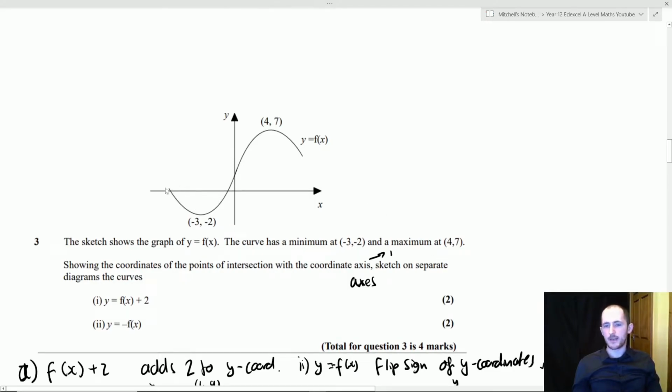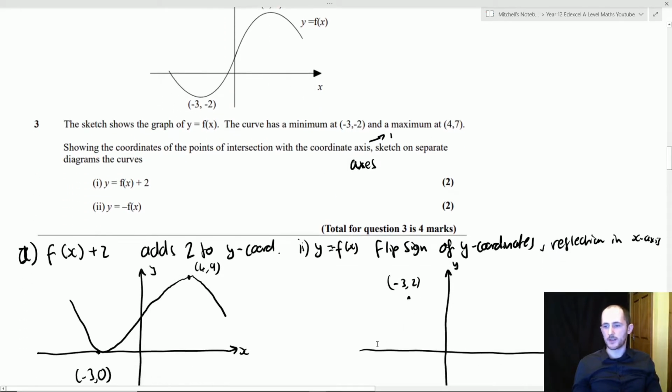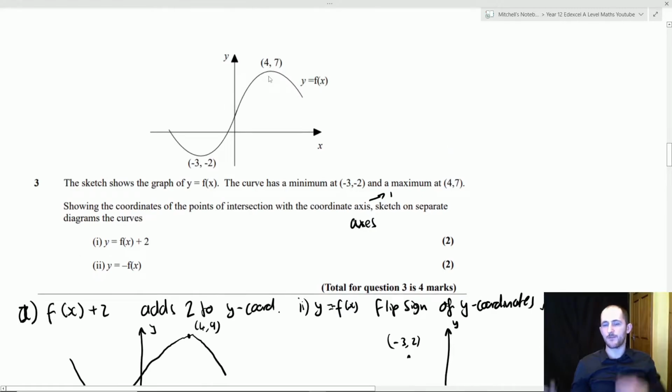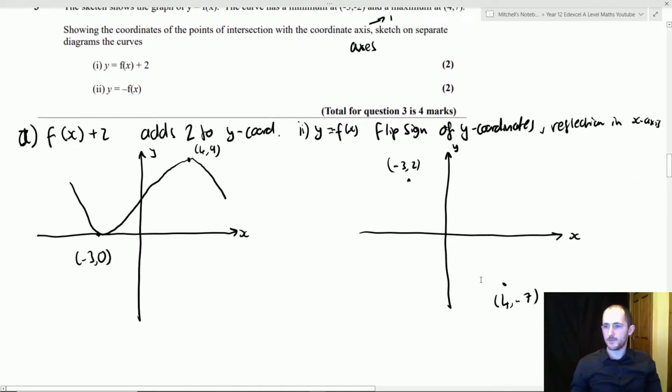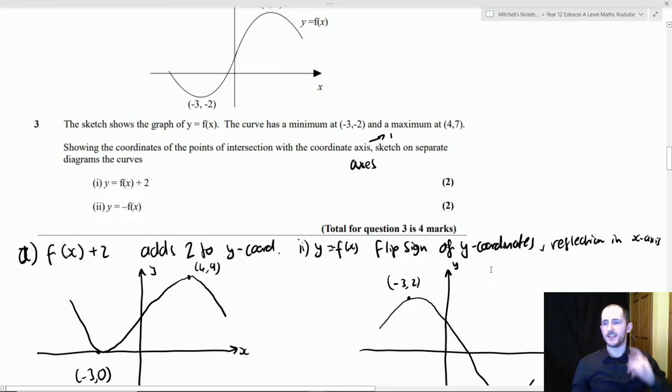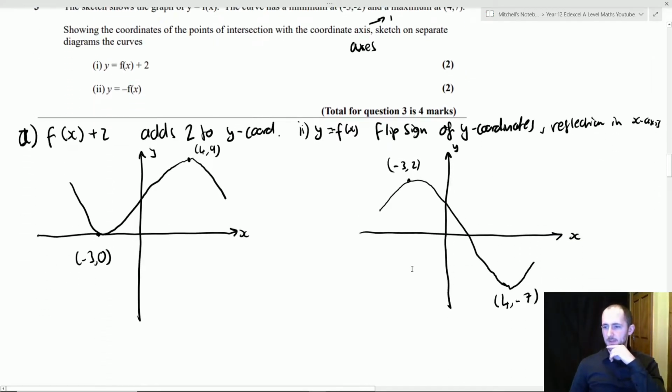So again, now instead of it going down and then up, it's going to go up and then down, because again we're flipping this, rotating it 180 degrees, right? So it's going to go up, like that. Yeah. Oh, and that would be it. So those are the new coordinates that we have.